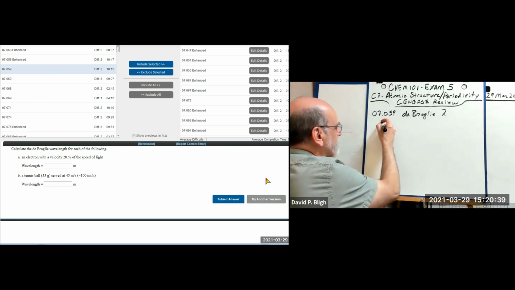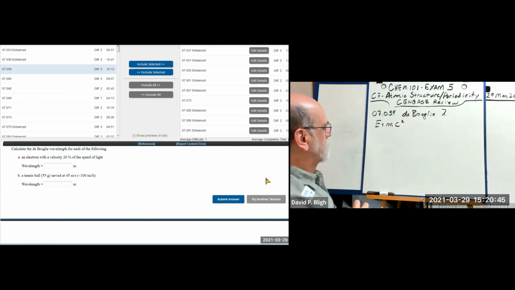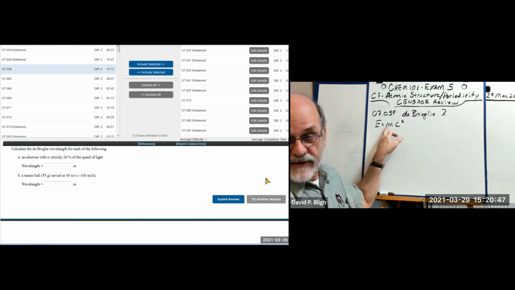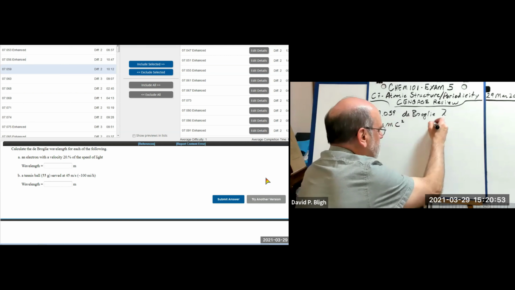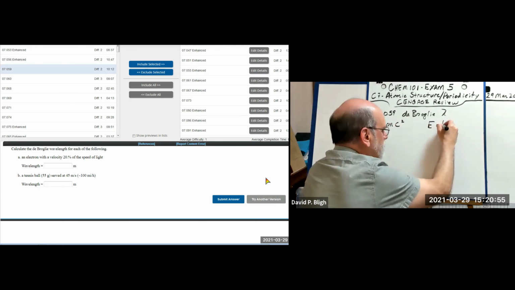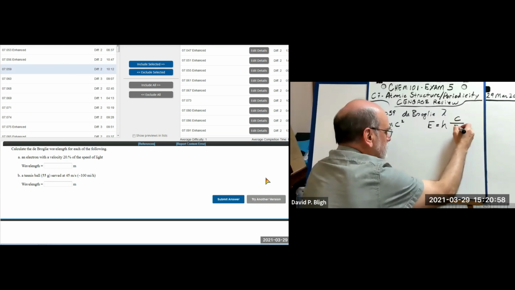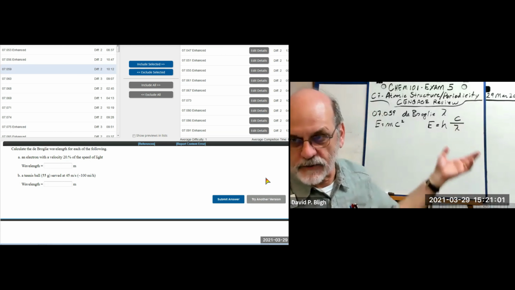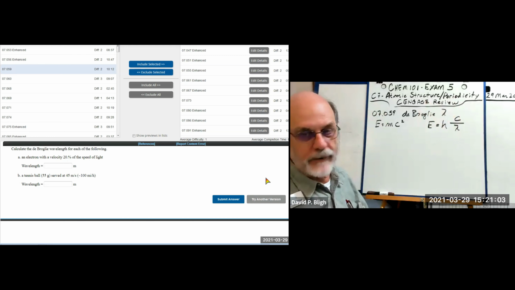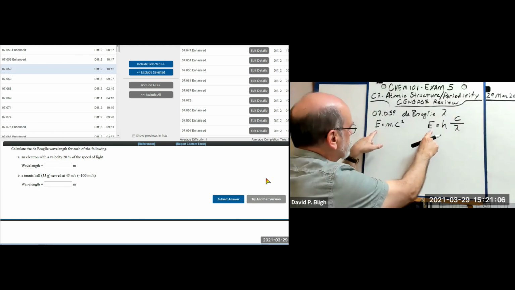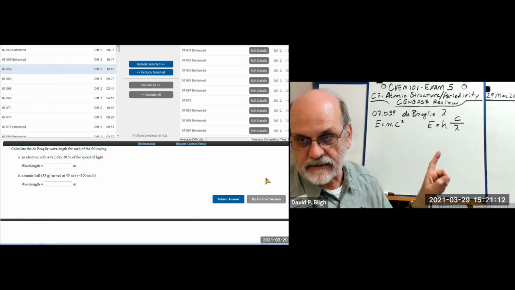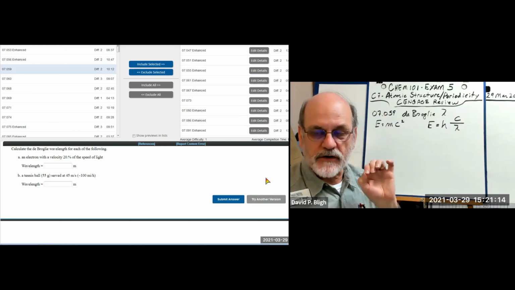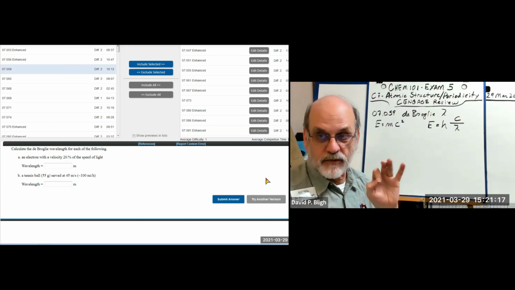Einstein said that E equals mc squared, that's the equivalence of mass and energy. Planck said that energy equals this constant, like that. Well, actually, he said it was frequency, but we need wavelength, so I'm going to do it that way. Now, if these two are equal, well, actually, this is the energy of anything traveling at the speed of light. We're going to use a slightly modified version, and that's what de Broglie did.